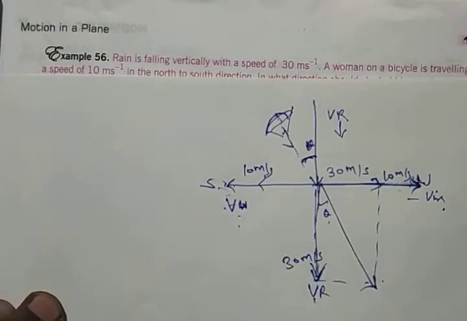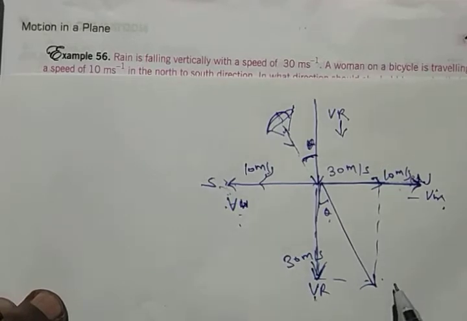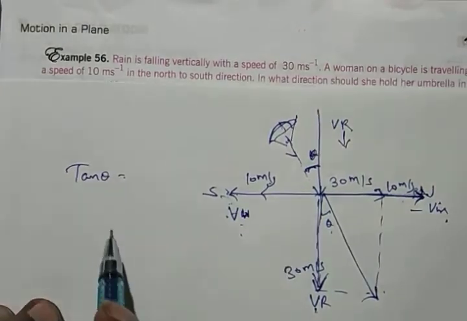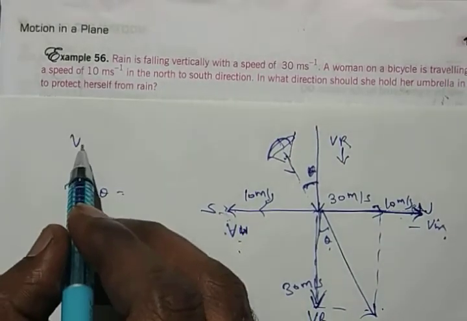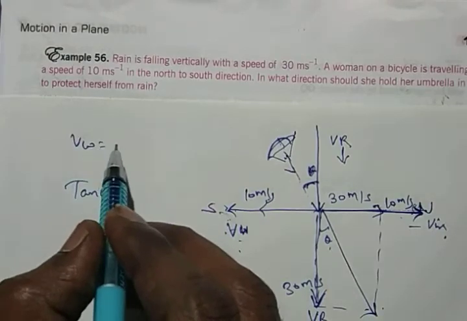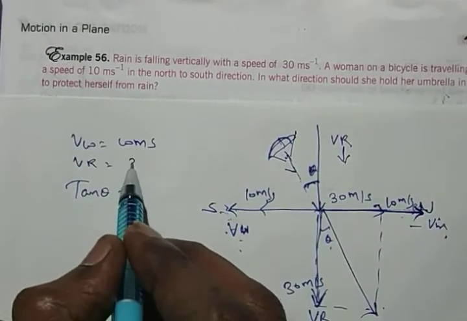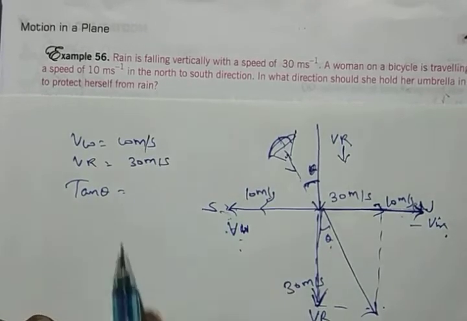So going further, how to get this angle? We can get it by tan theta equal to. As usual, write the first line: velocity of the woman is equal to 10 meters per second. Velocity of the rain is equal to 30 meters per second. These are given here.